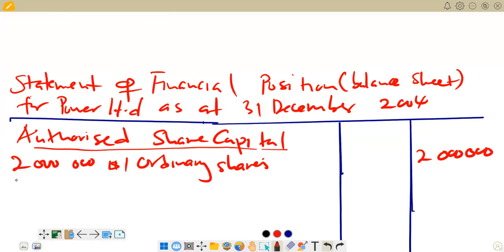And then here we have got 1,500,000 9% preference shares, 1,500,000.